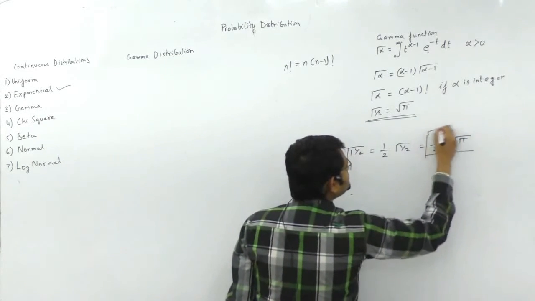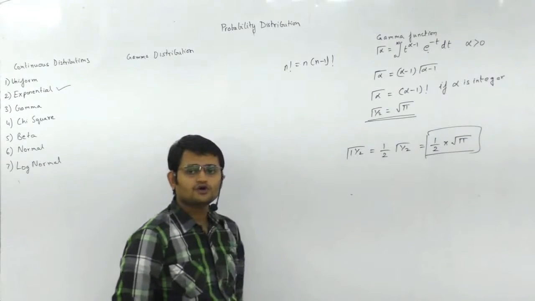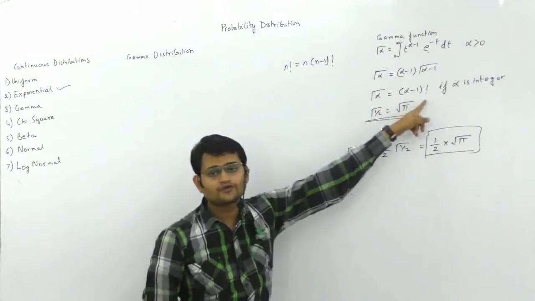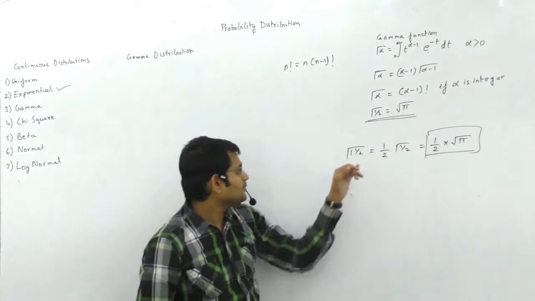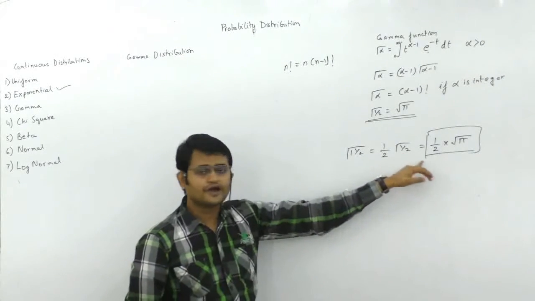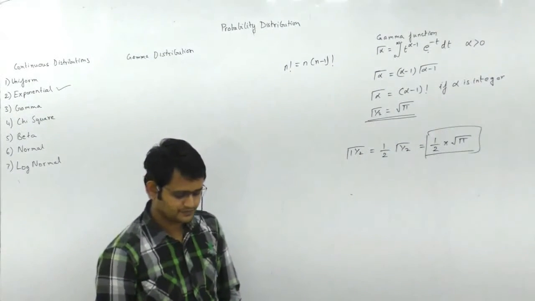So we can use this method to find different half values of gamma. For integers we can convert into factorial, but for half values we can use gamma of half to find particular values.